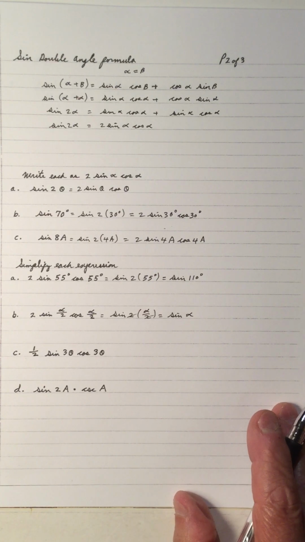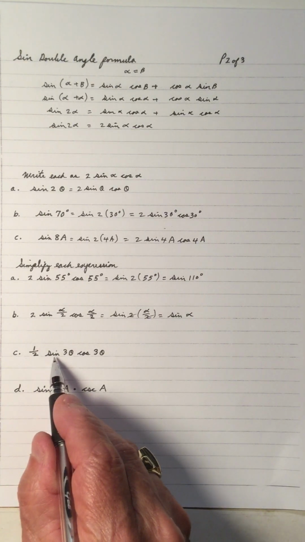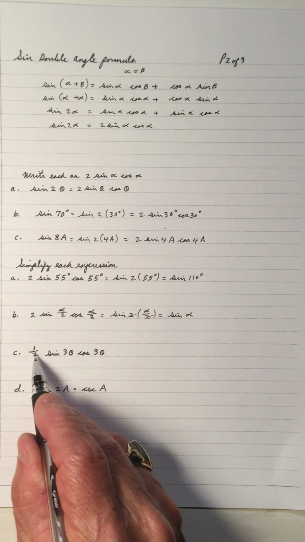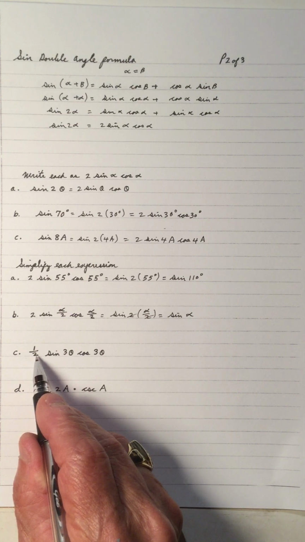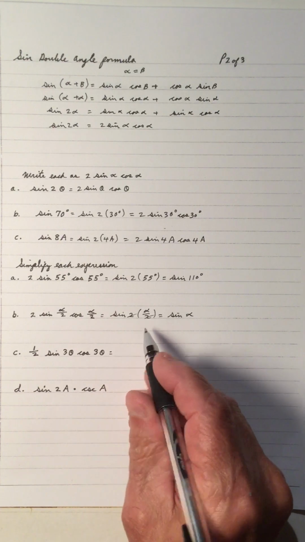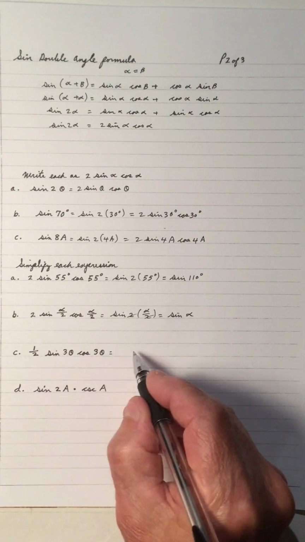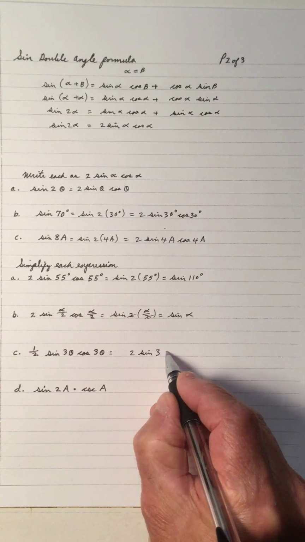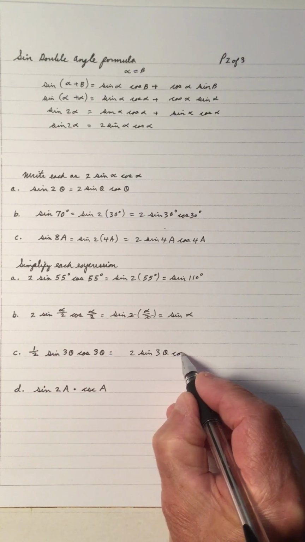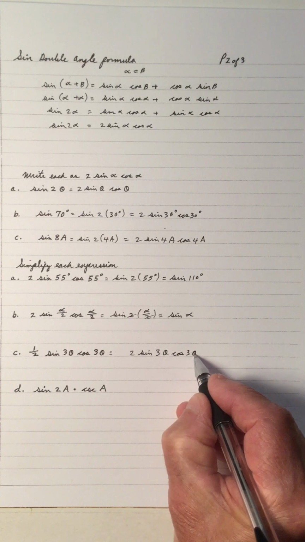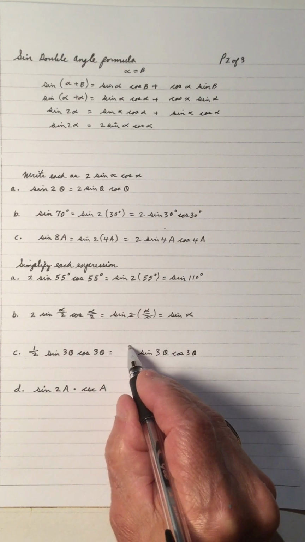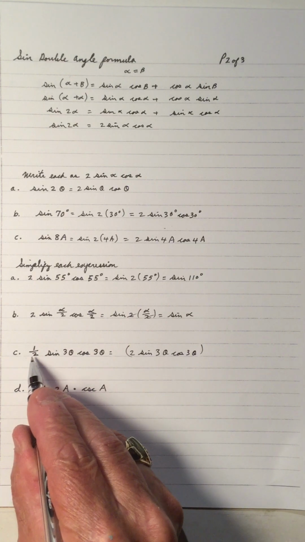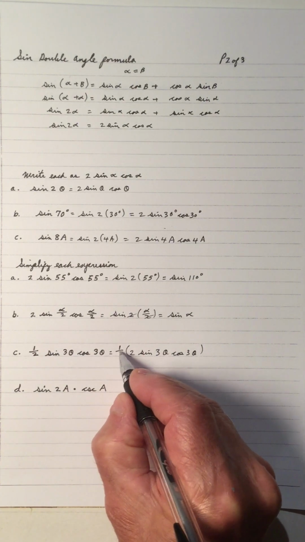Now this one's a little bit different. We have a half, sine 3 theta cos 3 theta. It's the same, but instead of having 2 here, we have a half. We have to have 2 sine 3 theta cos 3 theta. But what do we put in front so that we can multiply to get the half? It's a 1/4.